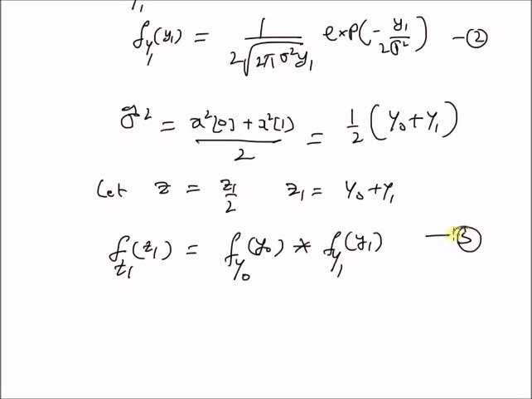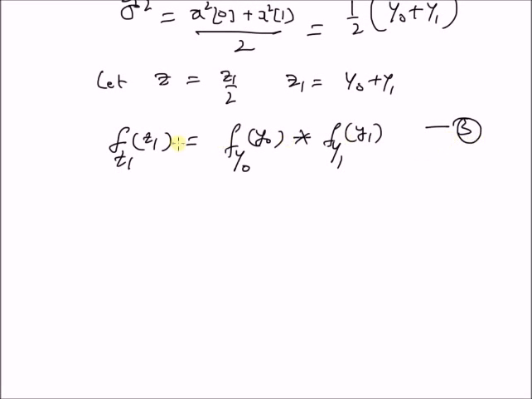So, equation 3. By using this definition, for two random variables that are independent of each other, the probability density function of their sum, that is z1 equal to y0 plus y1, is given by the convolution of the probability density functions of the individual random variables. So by using this theorem, we can determine the probability density of z1 as the integral from 0 to infinity.